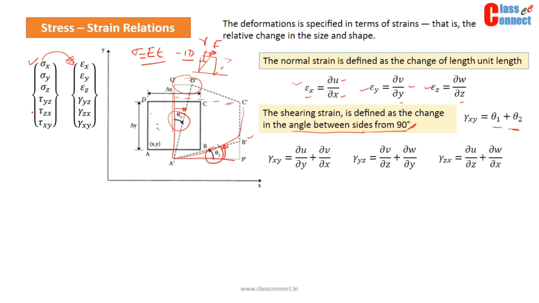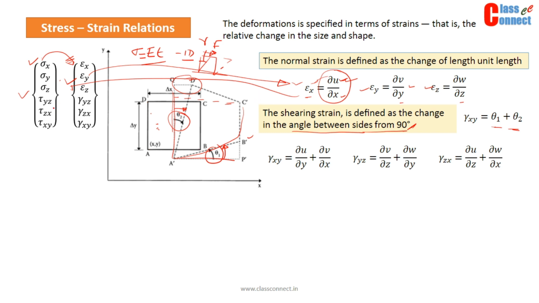So now we have 6 stress components and 6 strain components. Strain components are written in terms of the deformation, because deformation is the main thing creating strain, and strain is creating stresses. Also, we can measure and evaluate deformation even when we talk about the finite element method.